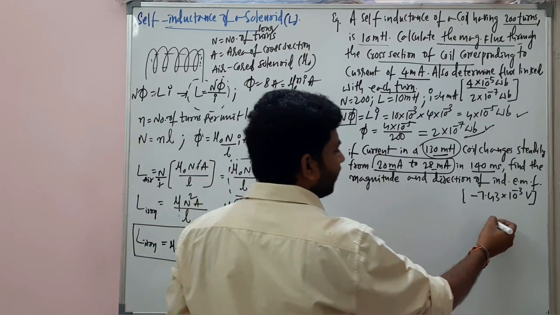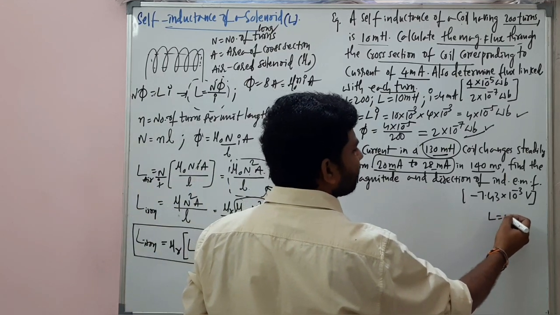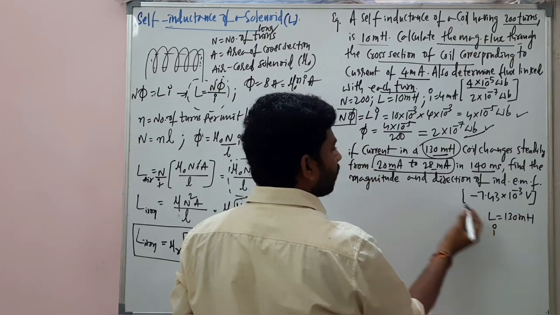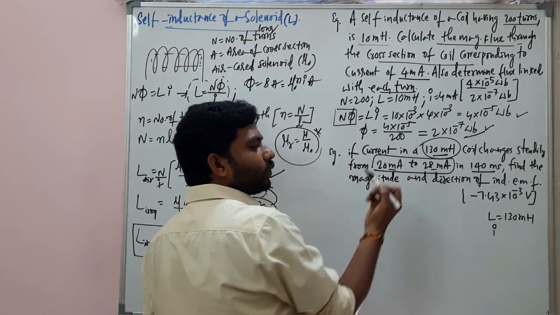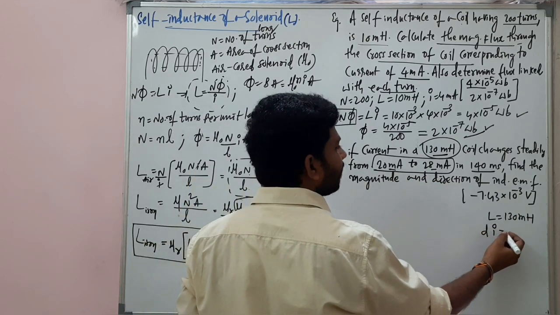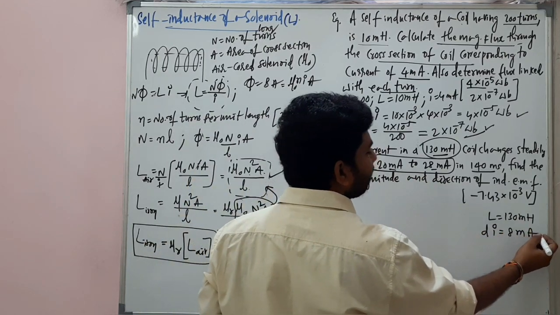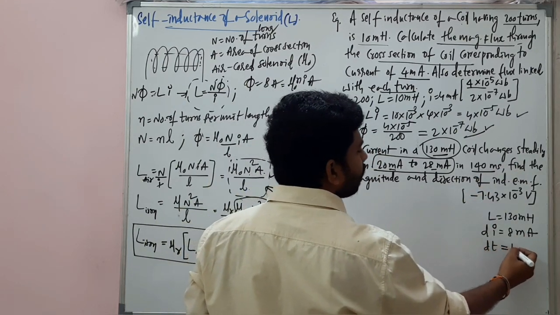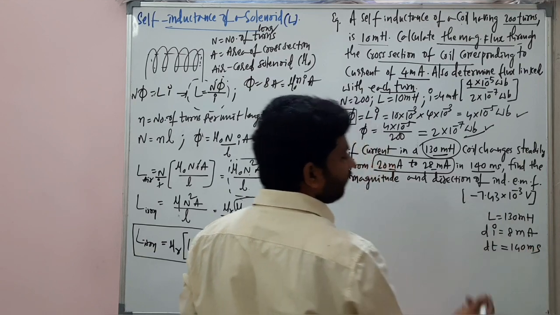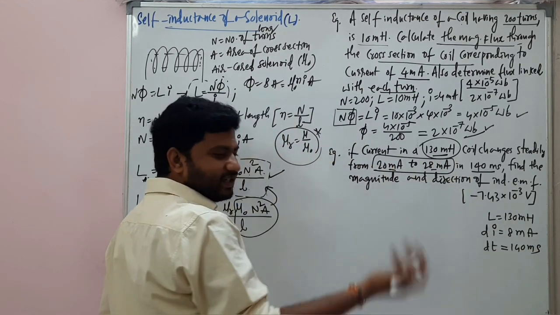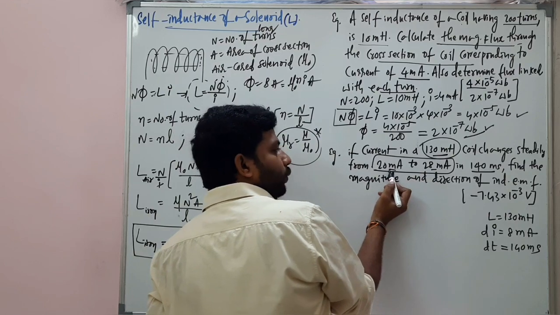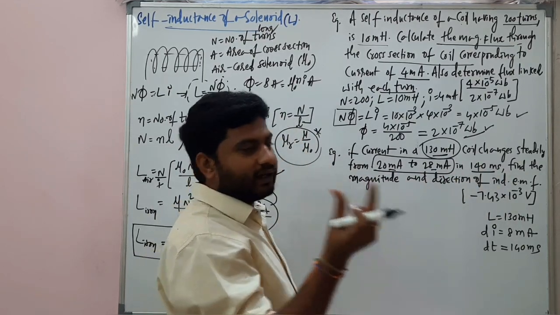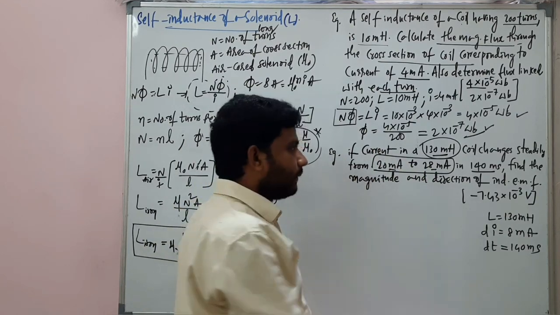So all the data given: L is equal to 130 millihenry, and the current is moving from 20 milliampere to 28 milliampere. That means the change in current is 8 milliampere in 140 milliseconds. Initially at 0 milliseconds, and at this point 140 milliseconds. In this time interval, this is the change in current that happened.